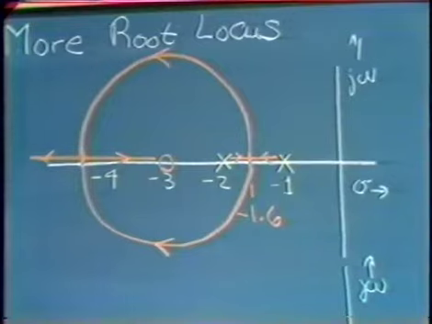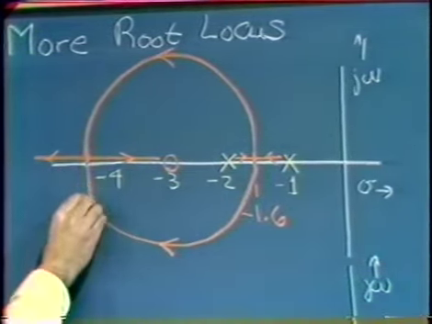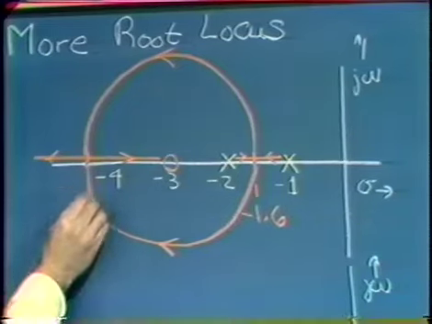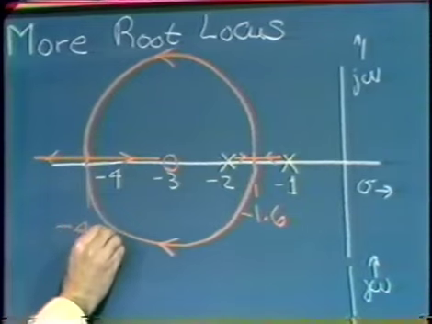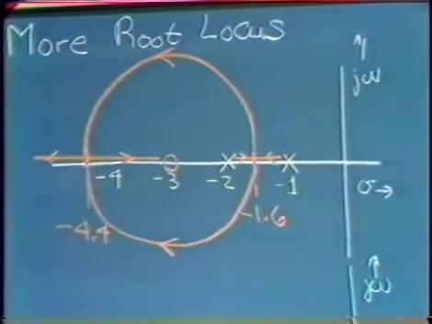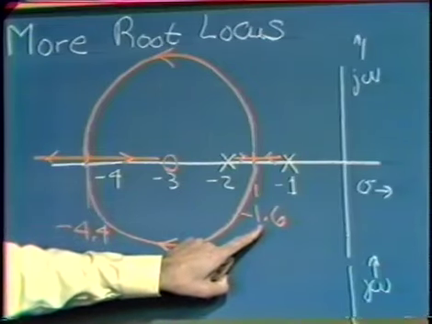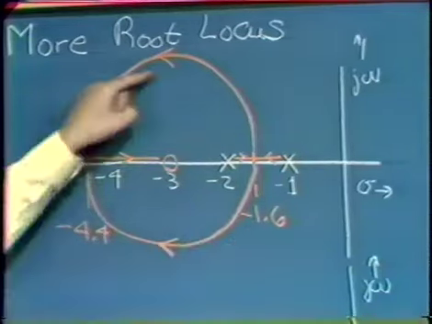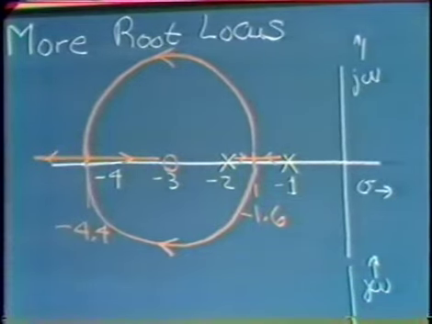Because the diagram is symmetrical and centered on the zero, we can conclude that this re-entry point must be at minus 4.4. So by doing really only one numerical calculation, which is the breakaway point, and recognizing that the trajectory is a circle centered on the zero, we're able to sketch the complete root locus diagram.